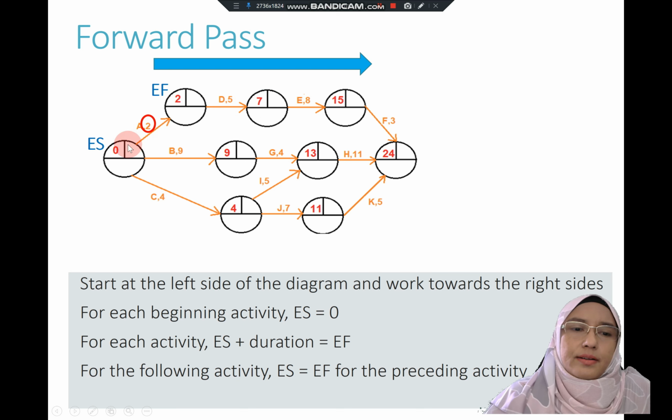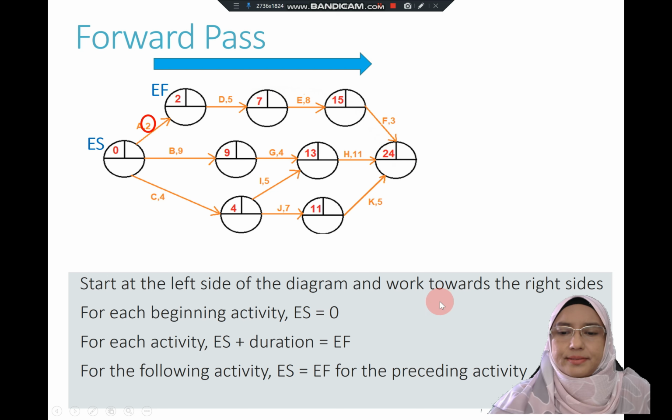So for activity A, the early start is 0 and the early finish is 2. But for activity D, 2 becomes the early start and 7 becomes the early finish, as with the rest of the activities.